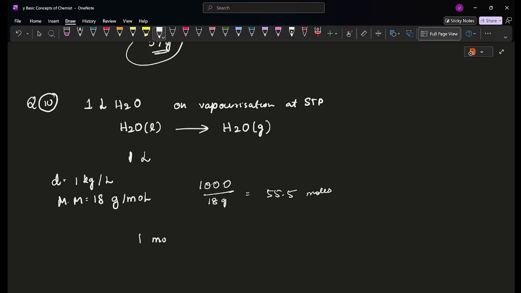So 1 mole at STP would take 22.4 liter. Then 55.5 mole would take how much? That is what you would find out to get the answer.